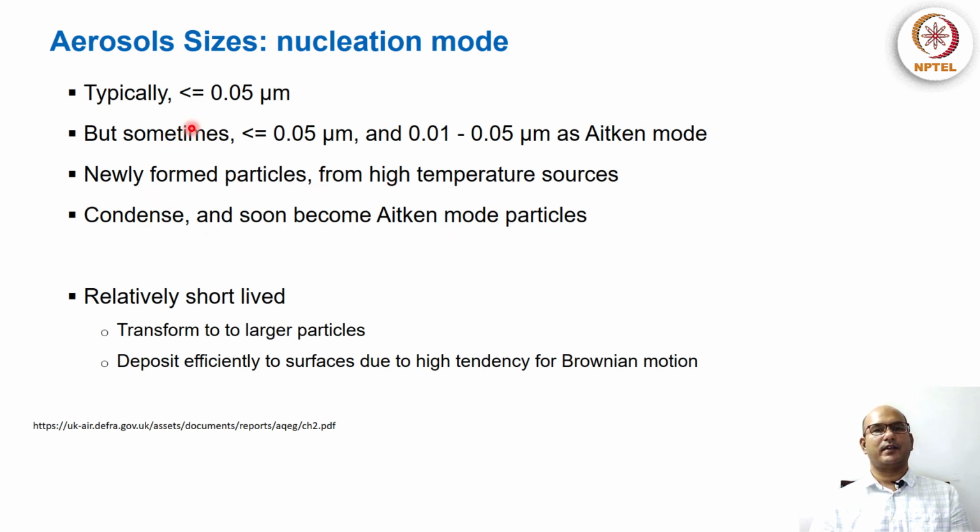The ultrafine nucleation mode will condense and become Aitken, and then they will condense and grow larger. These have relatively short lives, and they will relatively quickly transform to larger particles. These aerosols quite efficiently deposit to surfaces due to their high tendency for Brownian motion. So they will have Brownian motion, stick to the surface, and that is basically deposition.